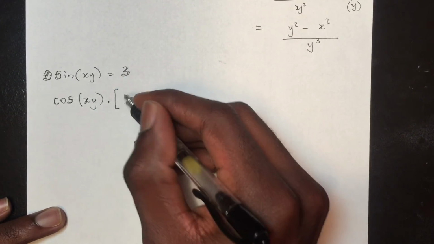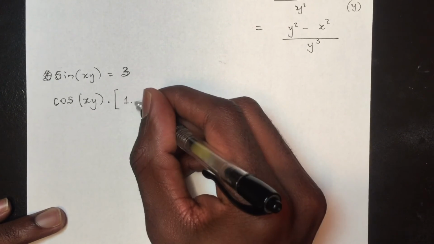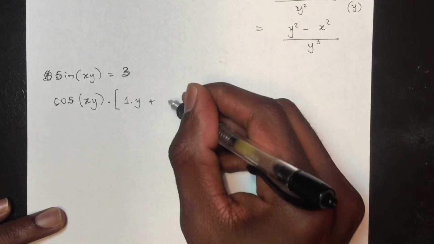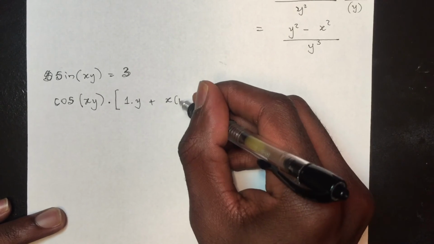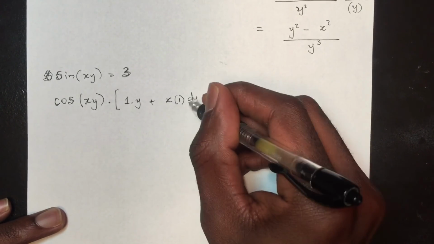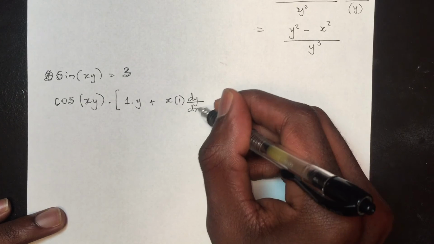If we keep y constant and differentiate x, we get 1 times y, plus keeping x constant and differentiating y, we get x times 1 times dy dx.